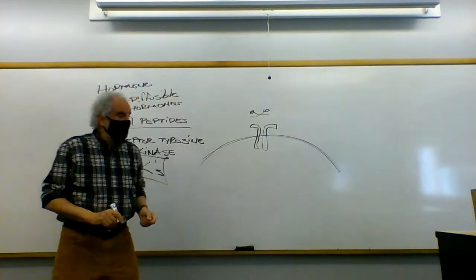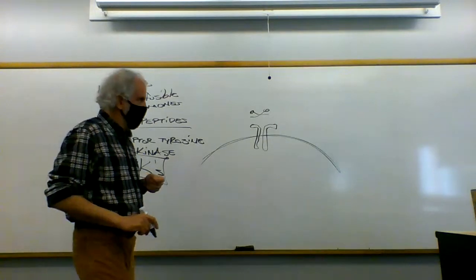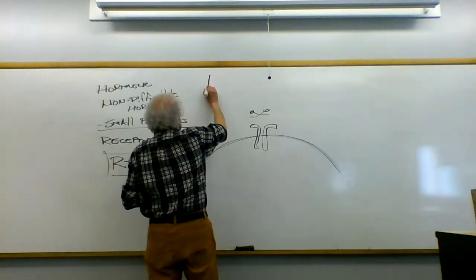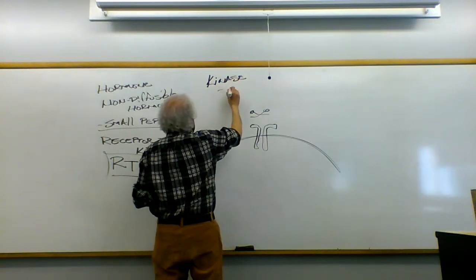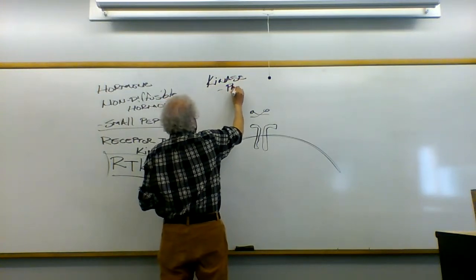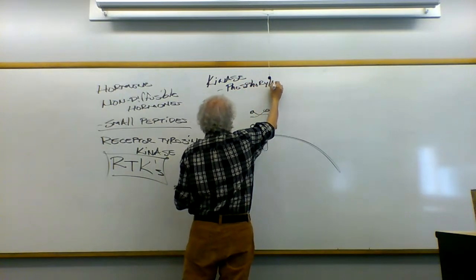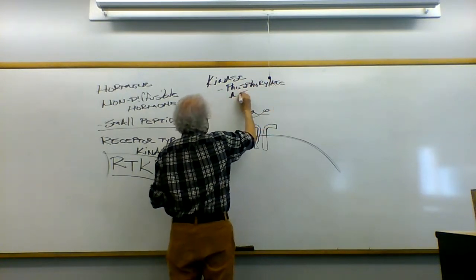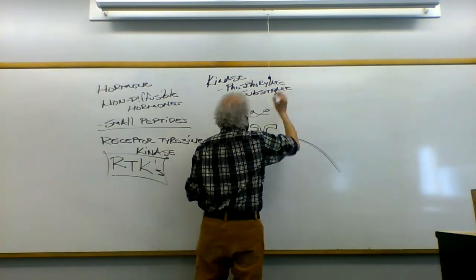Now, do we remember what a kinase is? Hopefully you do. A kinase, the most critical enzyme class, is going to phosphorylate, add a phosphate, to a substrate. And it's going to be another protein.